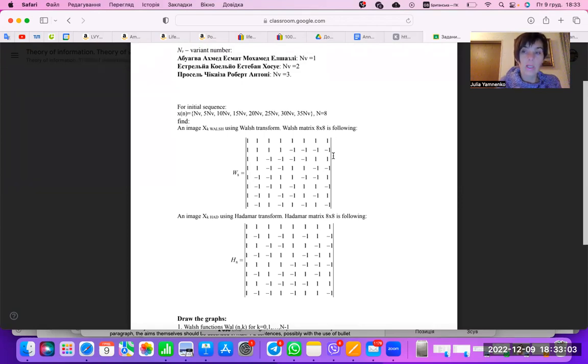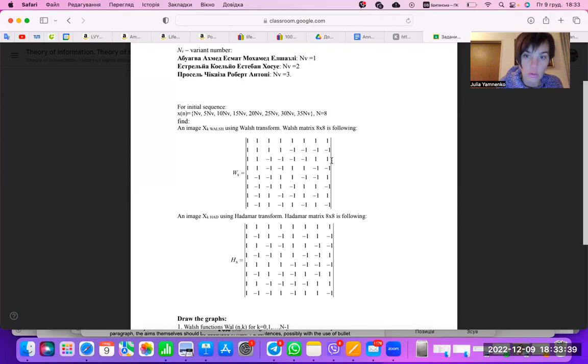So if we have 8 values in total, 4 of them should be +1 and 4 of them should be -1. And that was the mistake in the previous version of my instruction, because this third row in the first matrix, in the wrong variant, was +1, +1, and then all the numbers were equal to -1.